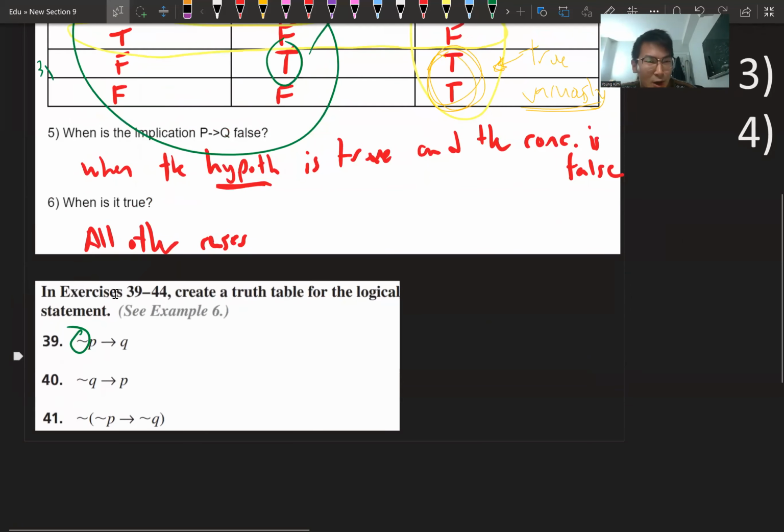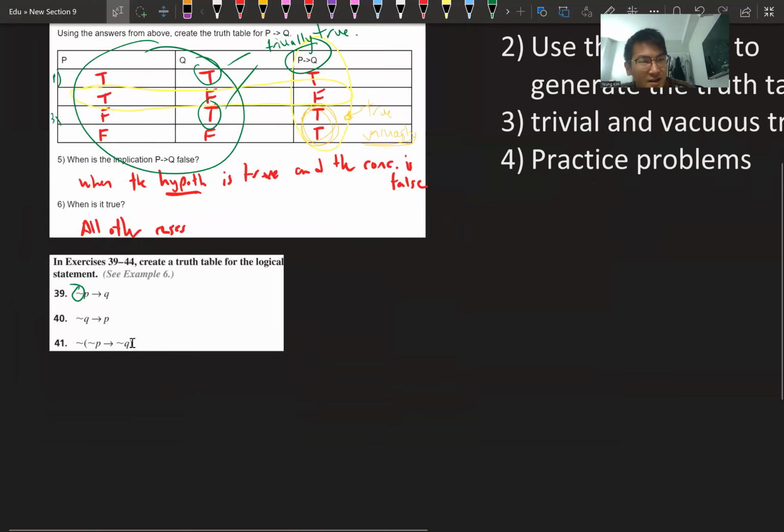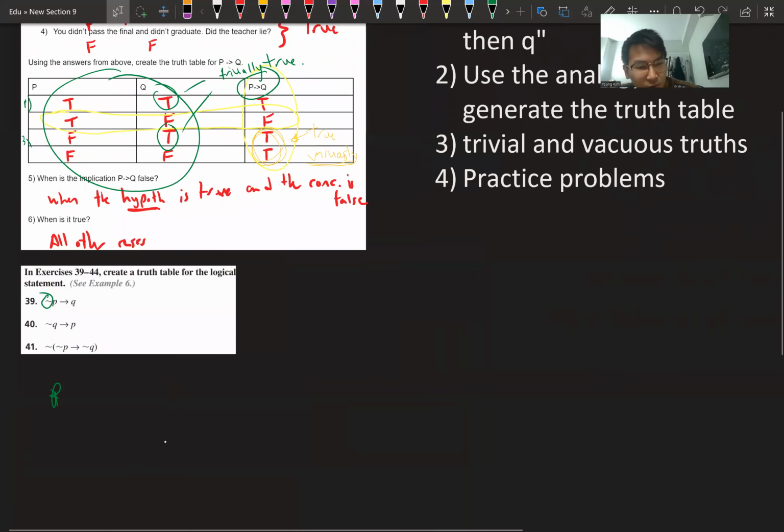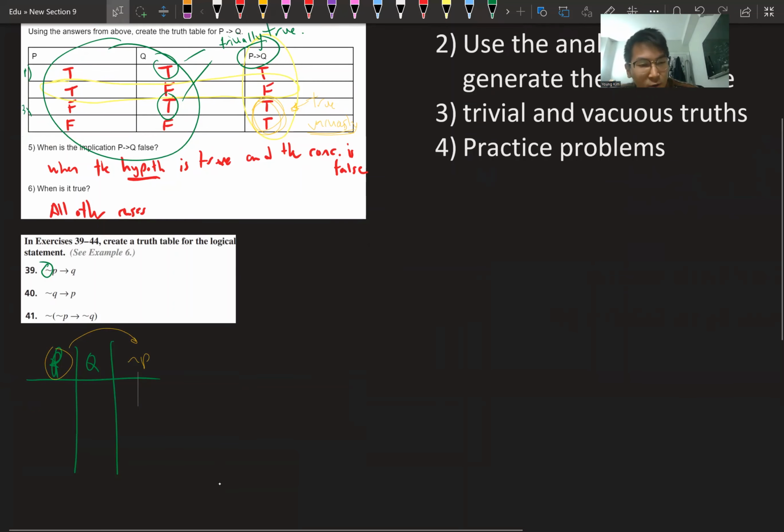I won't give the answers for this, but what you should do is create the table and create these intermediate columns. If you know P, then you also know not P. How? If you already filled this part out, T, F, T, F, and this is T, T, F, F, then if P here is true, not P in this entry is going to be the opposite, which is false.